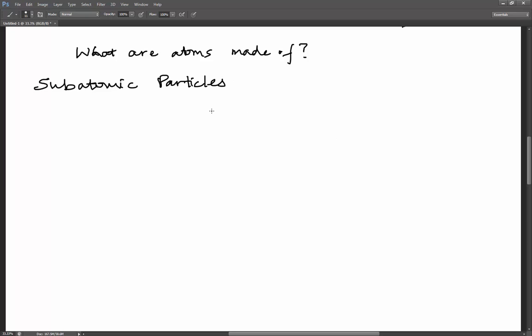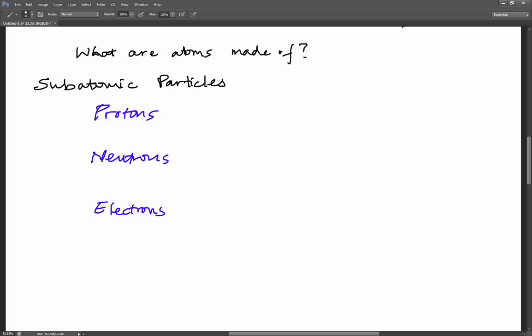And at the moment, we're just going to look at 3 subatomic particles. We have protons, neutrons, and electrons. And each of these pieces has their own properties, and they also have an interesting location distribution within the atom.